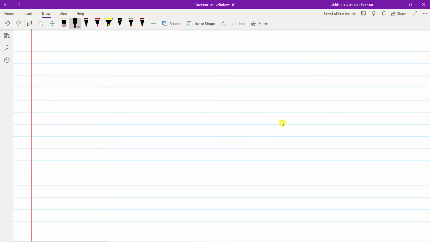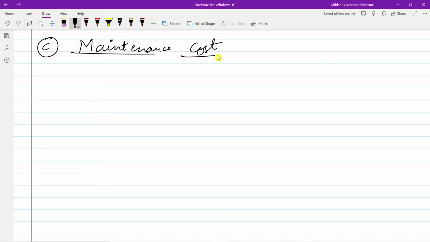Next, C. The next one to be calculated here is the maintenance cost. Okay, so let's start.